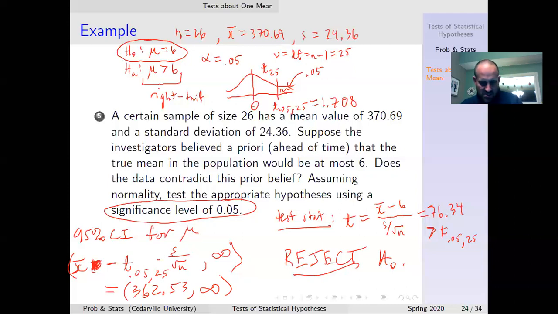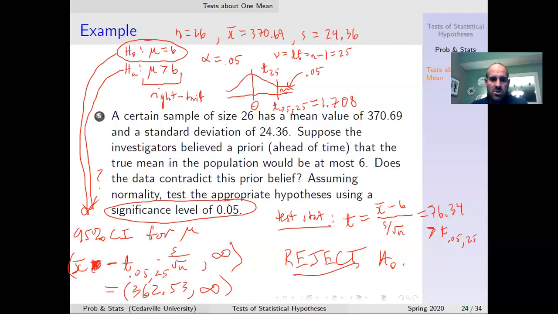And you say to yourself, okay, so that's like a 95% confidence interval for the mean mu. Which of these two, between the alternative and the null hypothesis, seems to be the one that's more compatible with that? Mu equals 6? No, not mu equal to 6. 6 does not belong to that interval, clearly. Or mu greater than 6. Well, mu greater than 6. Therefore, you're going to lean toward the alternative hypothesis in this case.